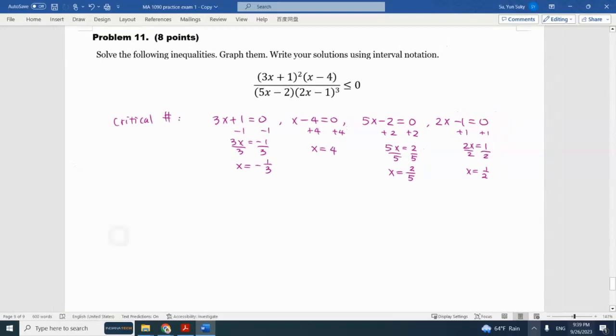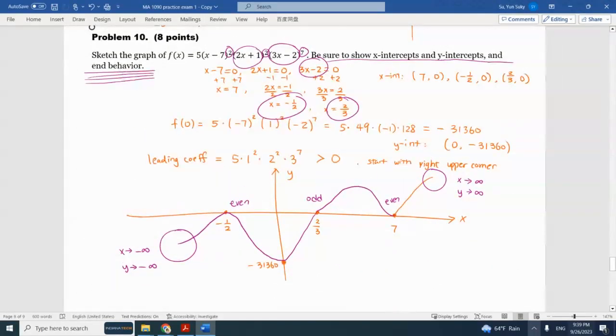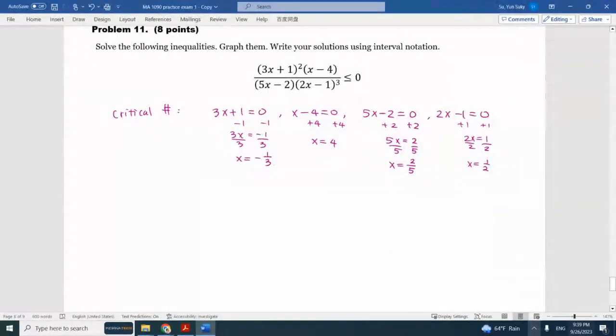So the main difference between the last problem and this problem: you find critical numbers, like the x-intercepts, but you don't have to find the y-intercept in this problem. But you need to find the leading coefficient. The leading coefficient is you collect the coefficient of x in each factor.